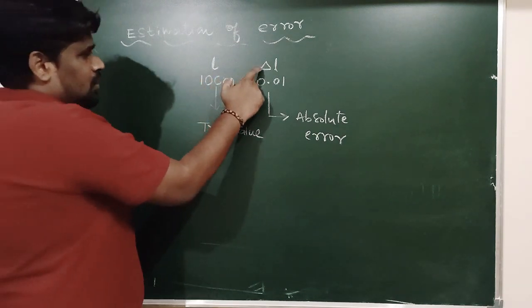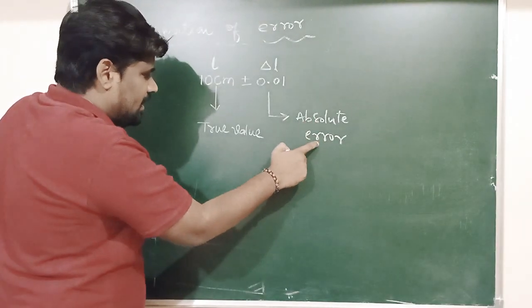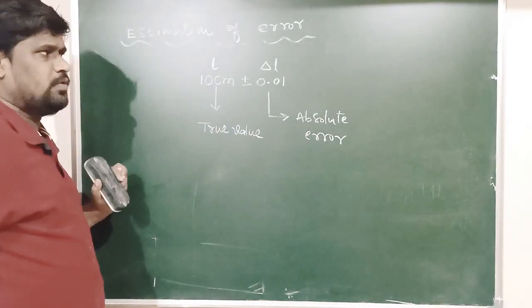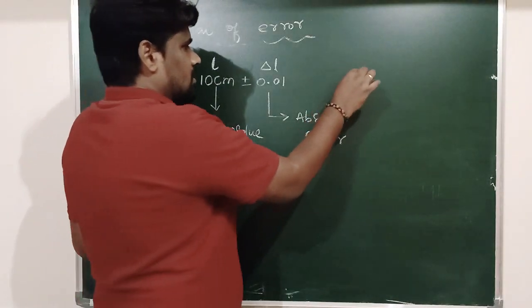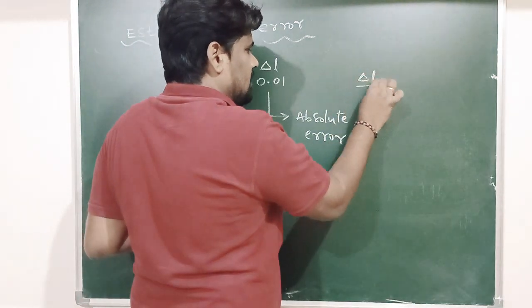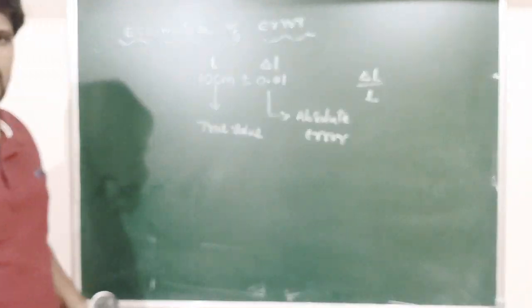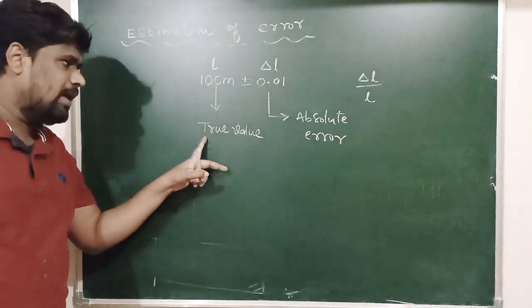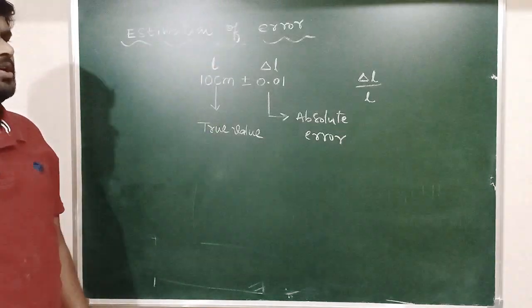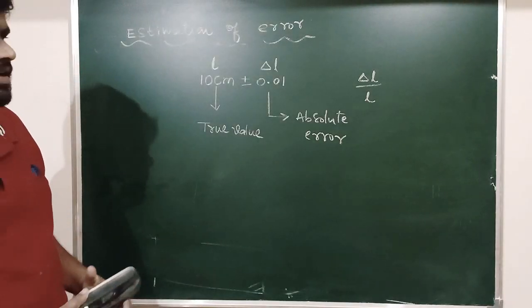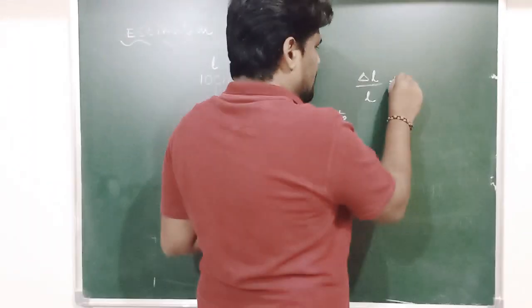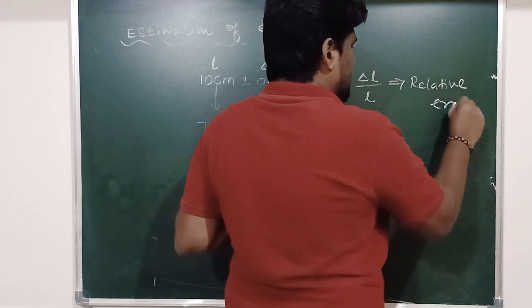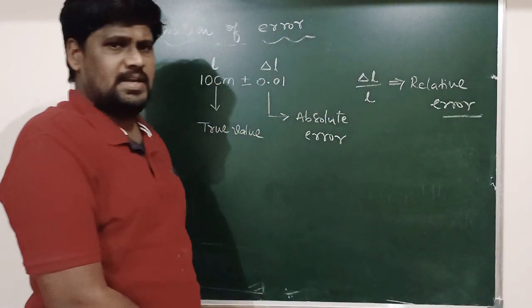Next, consider absolute error divided by true value. Here, that is delta L divided by L. Delta L divided by L is the absolute error divided by the true value for the measurement of the length, and this type of error we call the relative error.